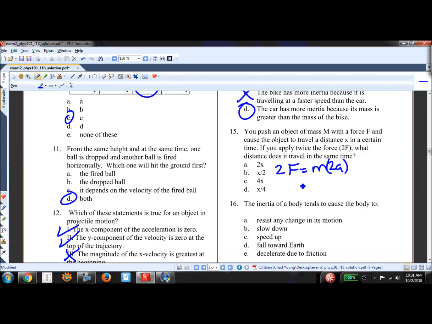And x is equal to v naught t plus 1/2 a t squared. I'm assuming that my v naught is 0, and I'll actually put that in the question. I assume that v naught is 0, and if I double my acceleration, then I double my distance. So A is the right answer for 15.